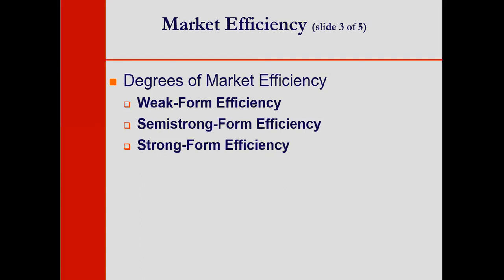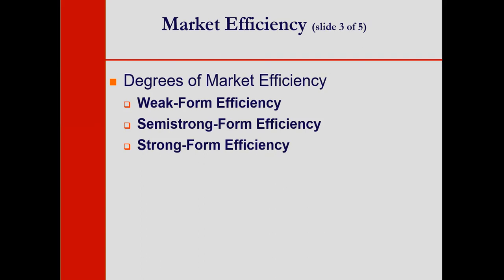So in weak form of market efficiency, any information given by the past stock prices is already reflected in the stock price. So you cannot generate any abnormal return just by studying the past prices. The US market is considered to show weak form of market efficiency.